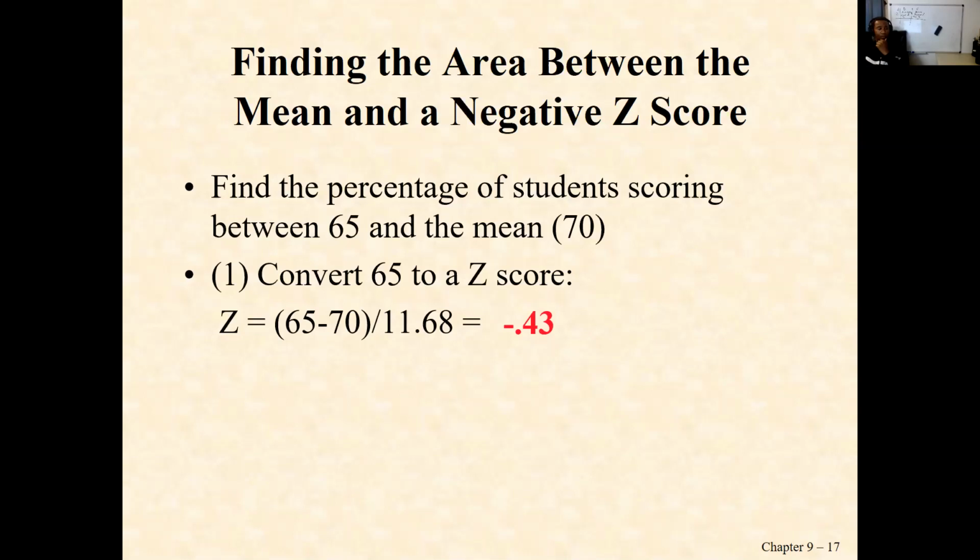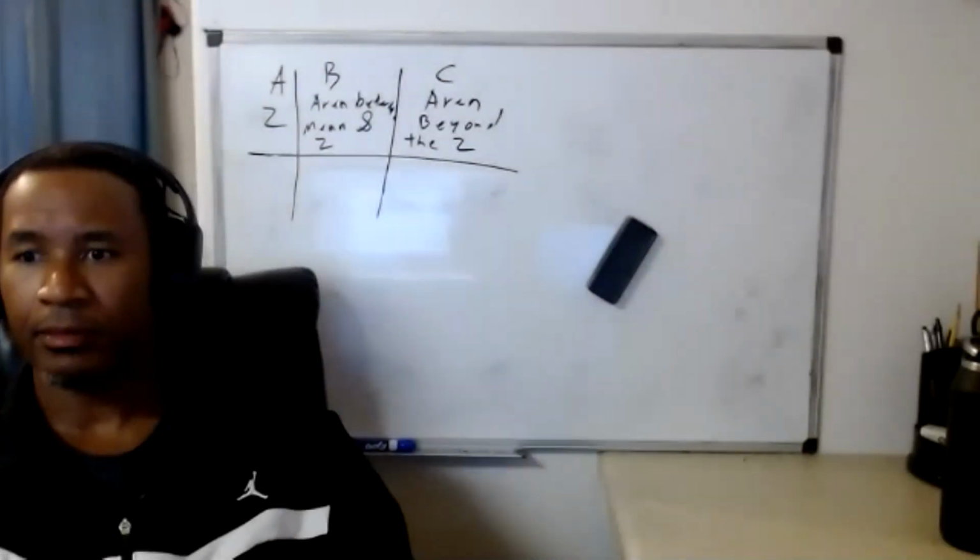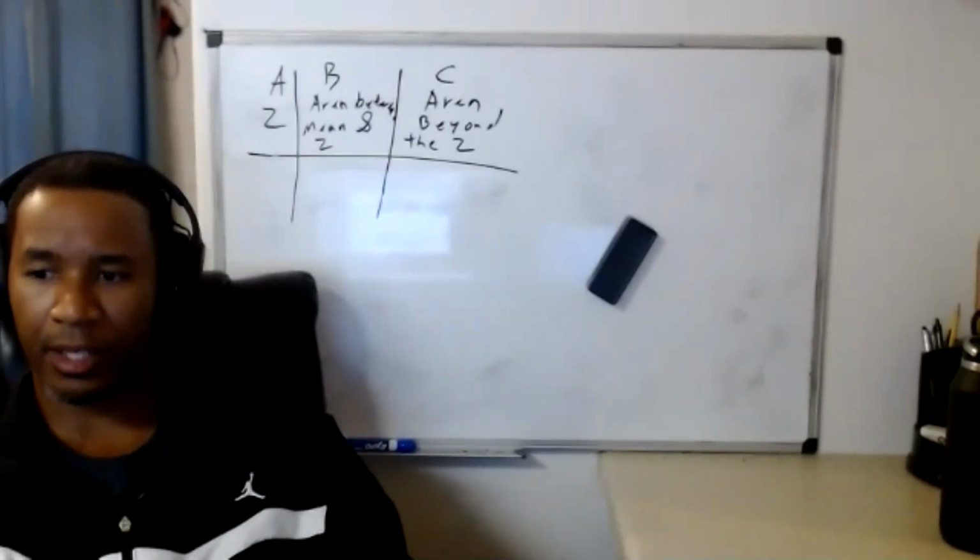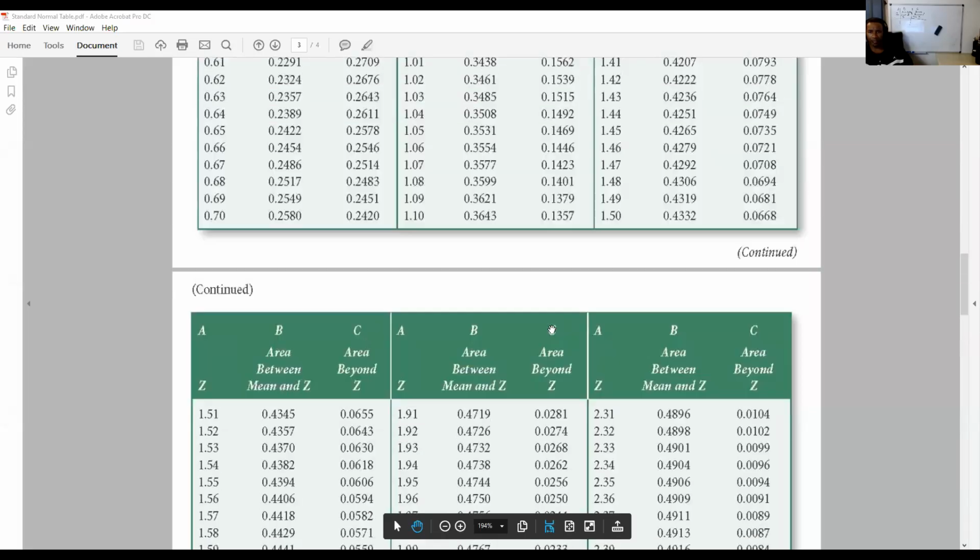You take that 0.43 and look for it in Appendix B. So you would come over here, you look for that 0.43. You're not going to see negative numbers, as we discussed already.